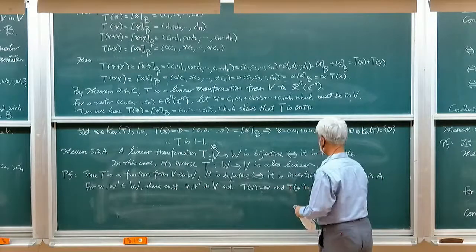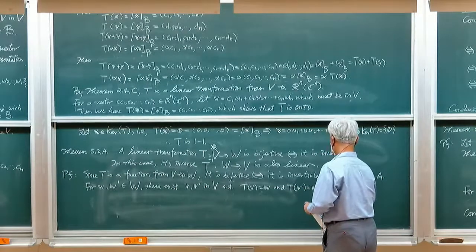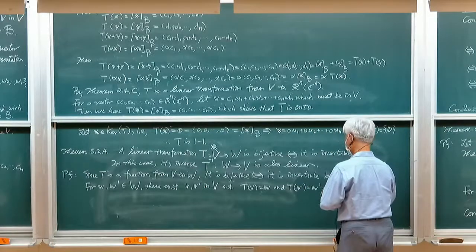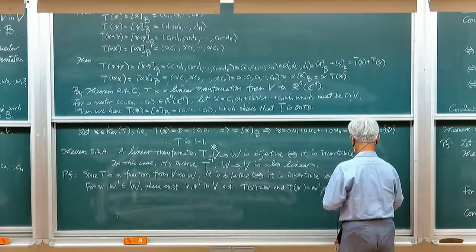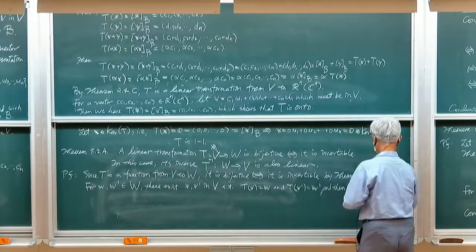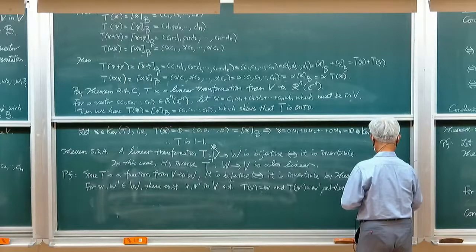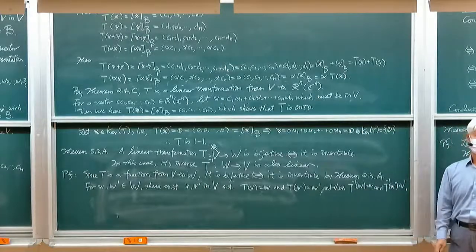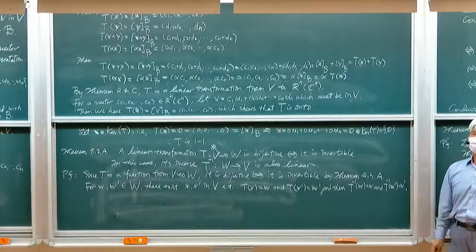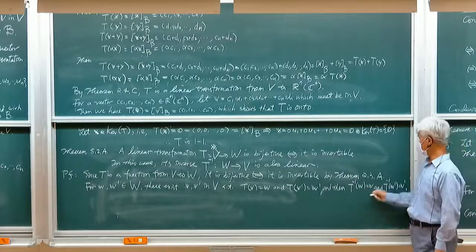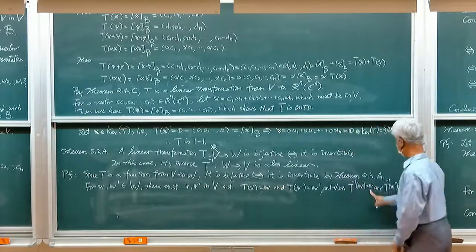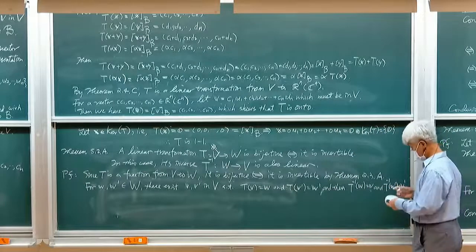And then because T is invertible, T inverse of w is equal to v, and T inverse of w prime is equal to v prime, because T is one-to-one and onto. So the inverse of w is v, and the inverse of w prime is v prime.